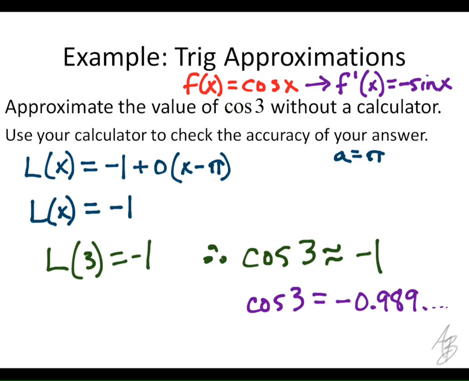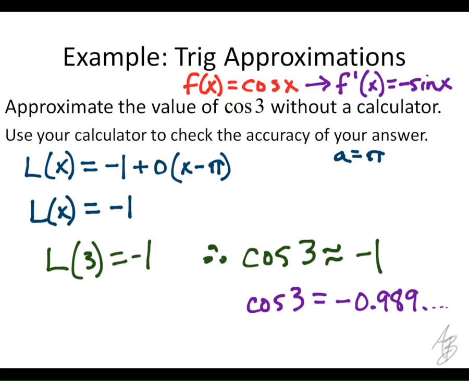Okay. How close are we? I mean, we're about 1/10 away, right? So that's pretty close. Depending on what we're doing with it, that's probably close enough. So as long as we're pretty close to pi, that's going to be pretty close. If we wanted to find the cosine of 3.1, that would be even closer to -1, right?